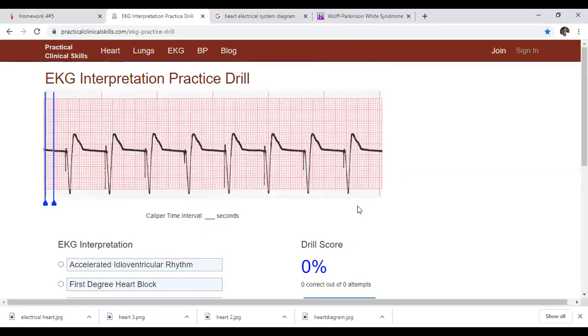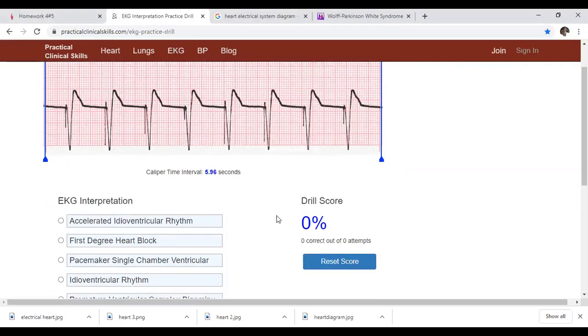What do you think this is? It's just showing the time. It's a 6-second strip, but what is it? And some of these will be something that you've probably never seen, because I don't know them all, right?